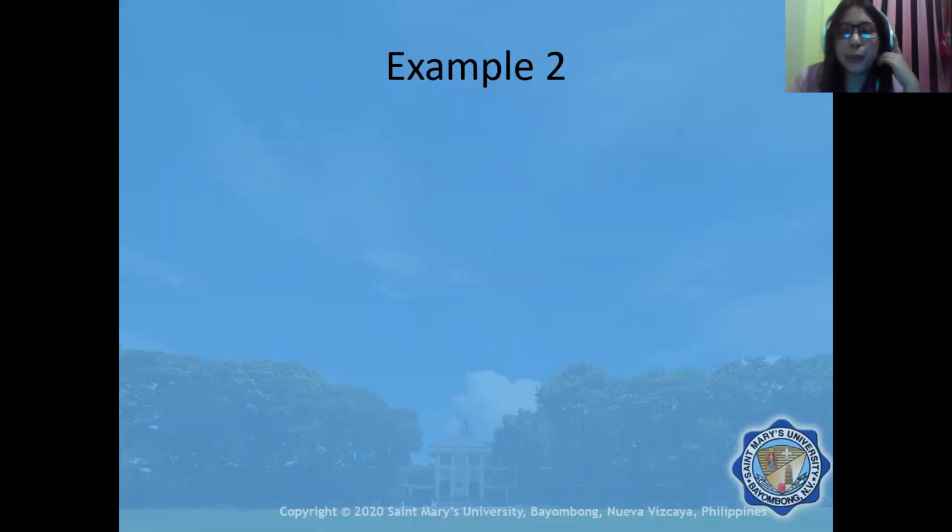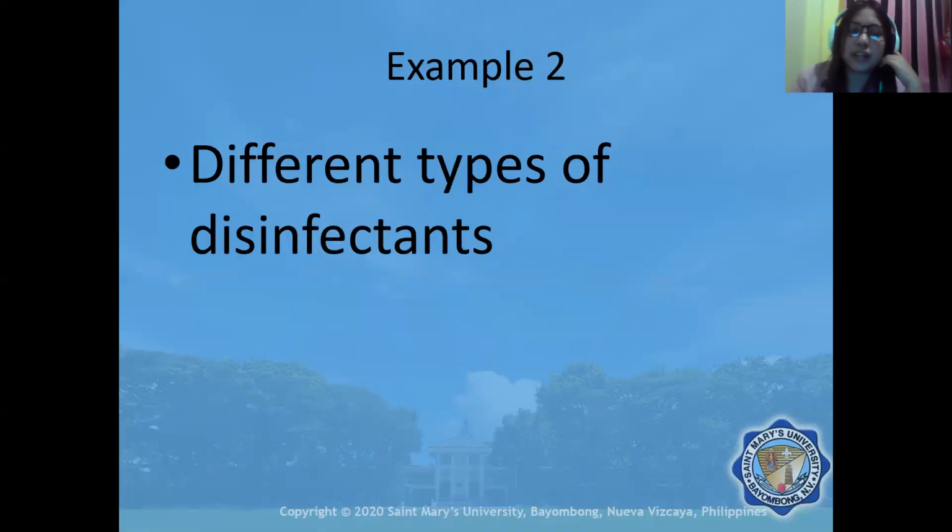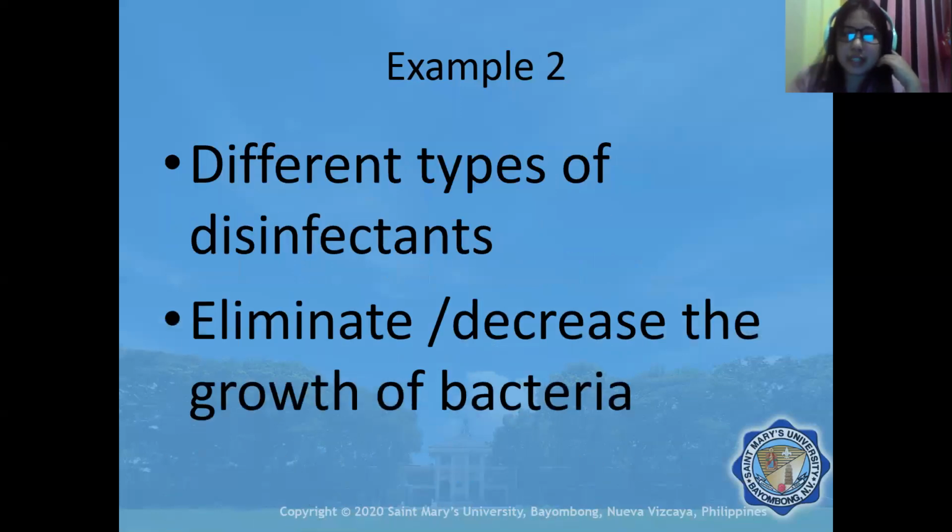Okay, let's move to example number 2: different types of disinfectants and the growth of bacteria. If we state that the effect of the disinfectants on the bacteria is the same, it is simply a biological null hypothesis.